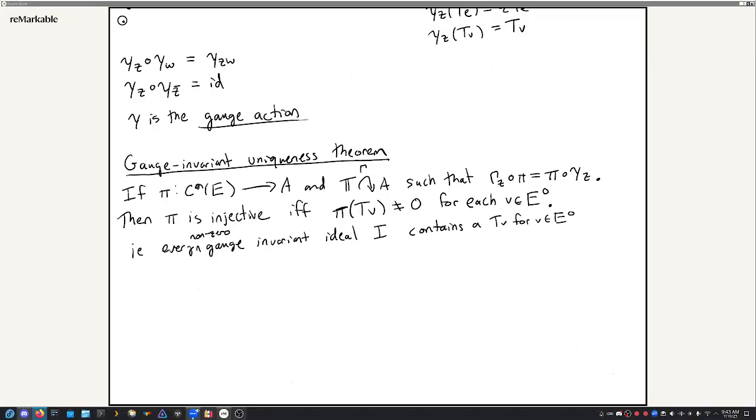And here gauge invariant means the gauge action sends the ideal into itself. And anytime you have a gauge invariant ideal, you take the quotient homomorphism and you get a gauge equivariant star homomorphism and vice versa. So this is surprising from the perspective of universal C-star algebras.